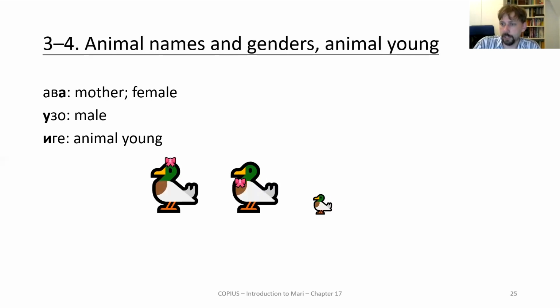And if we've got a duck family, for example, the forms would be awa ludo, mother duck, uzo ludo, the male duck, and then ludo ige for the duckling. Notice the difference in the word ordering here, that awa and uzo precede the animal name that they modify, while ige follows it. It's systematically like this.